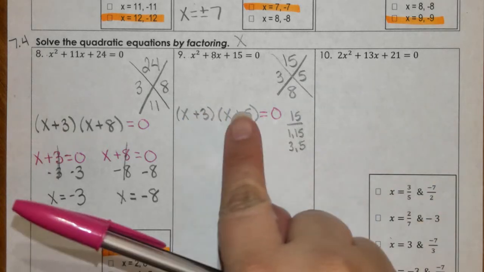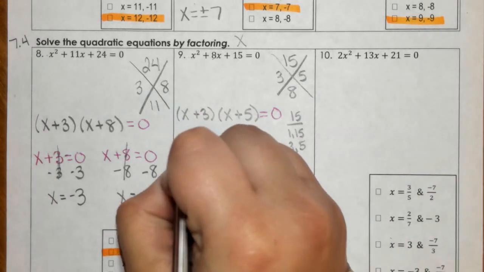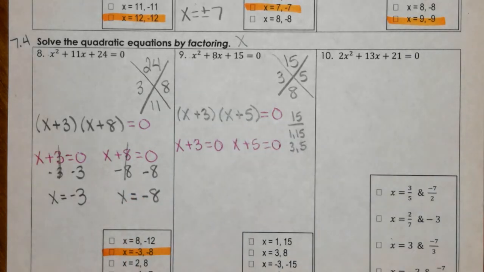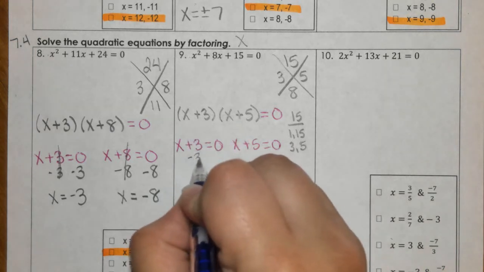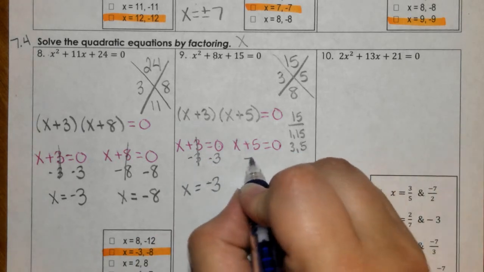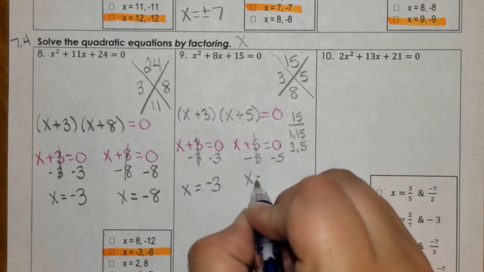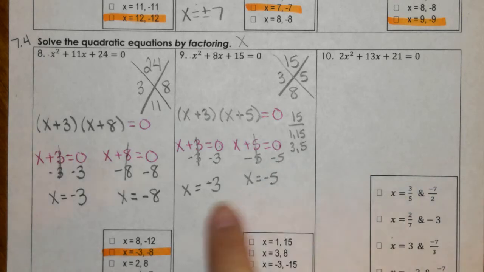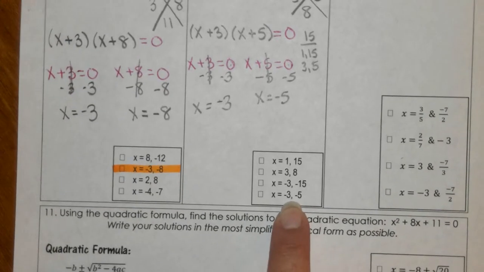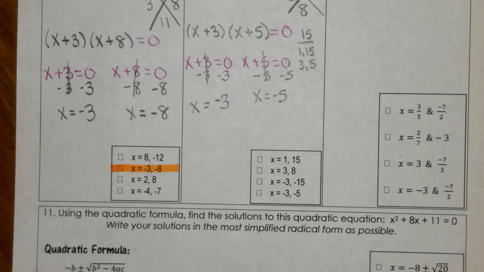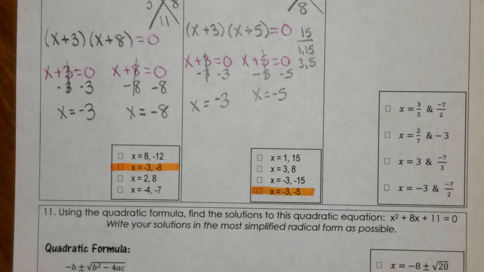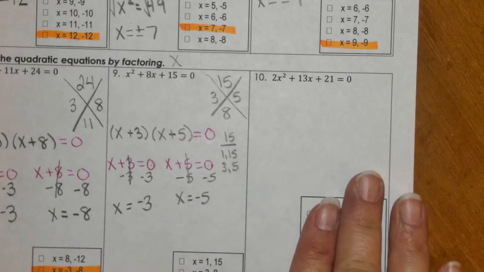And then I set each set of parentheses equal to 0, and I solve it. So to solve for x, I subtract 3. 0 minus 3 is negative 3. I subtract 5 here, and x would be negative 5. So negative 3, negative 5. So we would get the last choice.